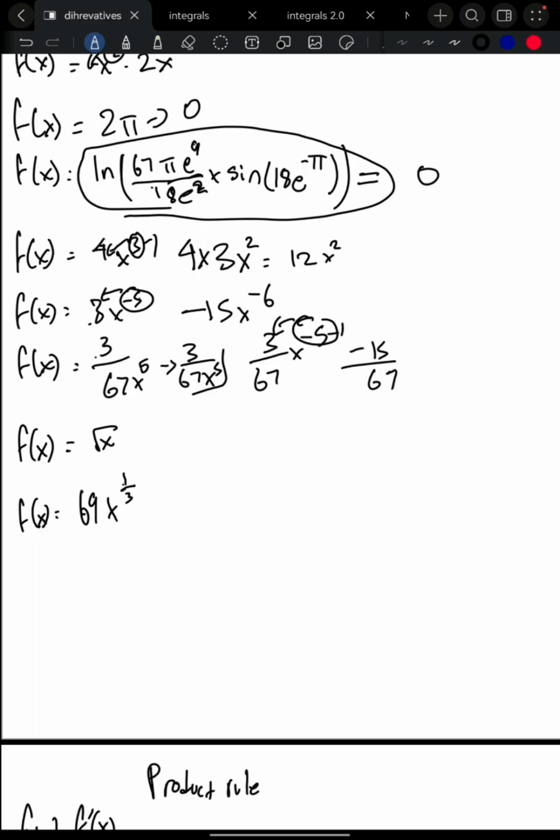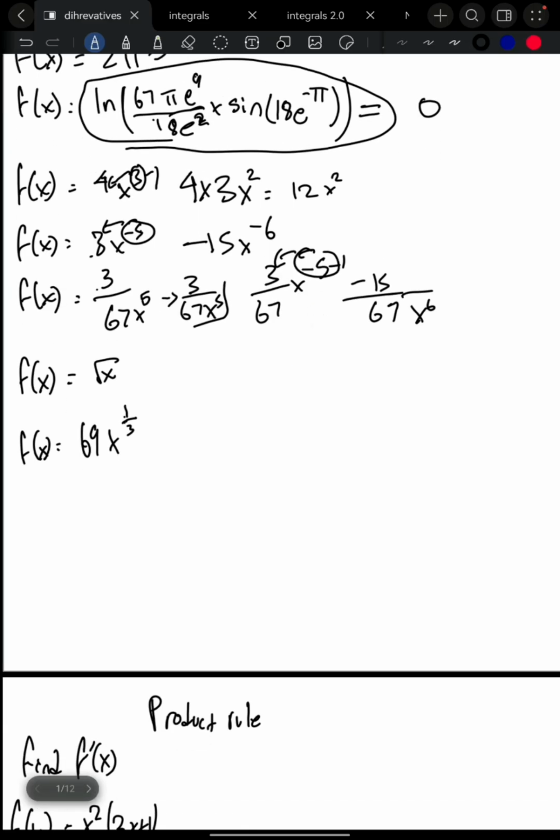You subtract 1 from the power, so it's going to be x to the negative 6. And if you want to rewrite this in a cooler way, x to the negative 6 is just 1 over x to the 6. So I'm going to write this as 1 over x to the 6, and you just multiply this.